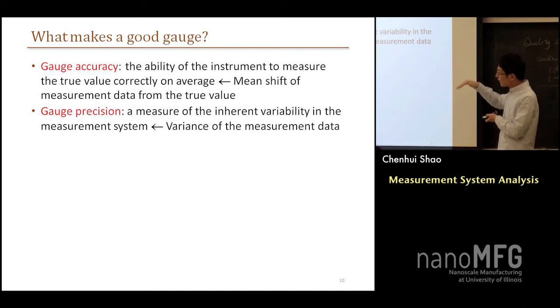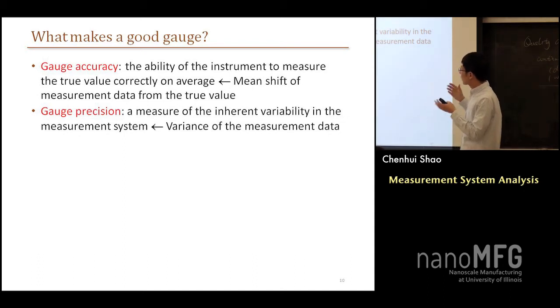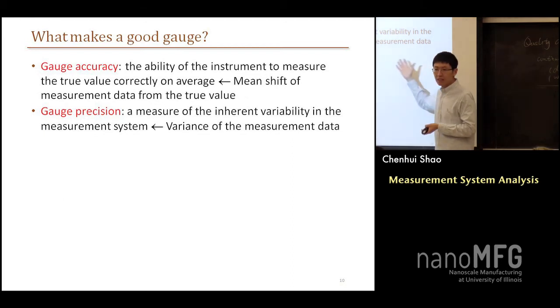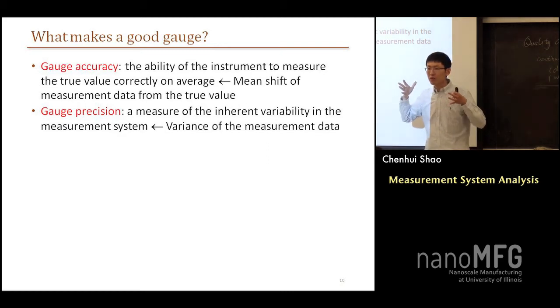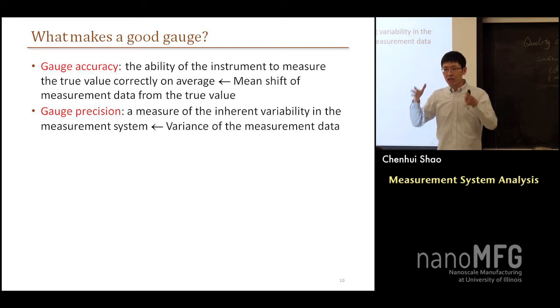Right? On the other hand, we have gauge precision, which is a measure of the inherent variability in the measurement system, which is the variance of the measurement data. So this metric does not consider whether you are measuring the true value or not. It only concerns whether you are getting the same value repeatedly.